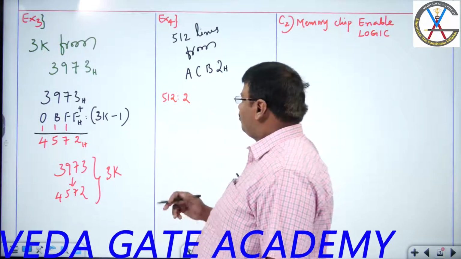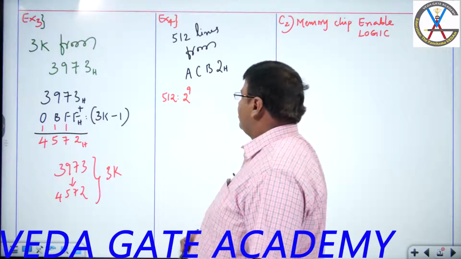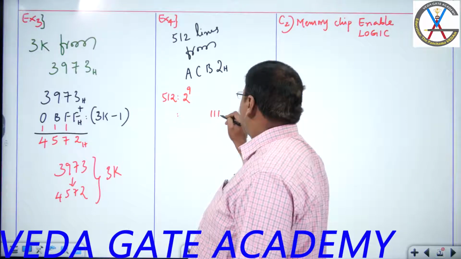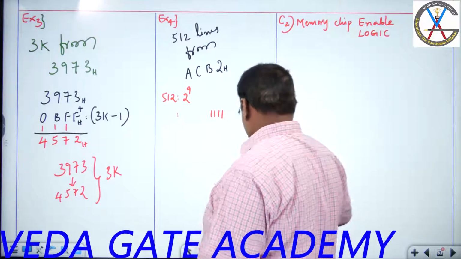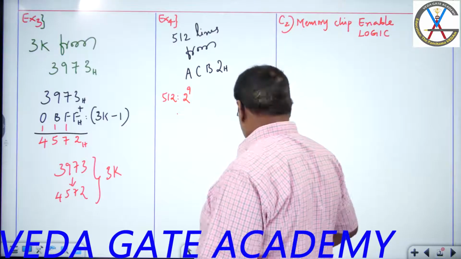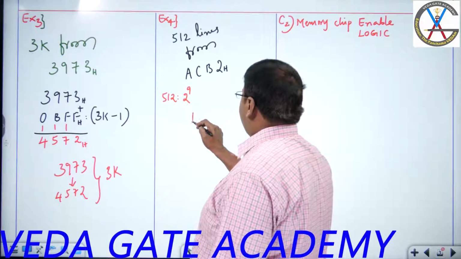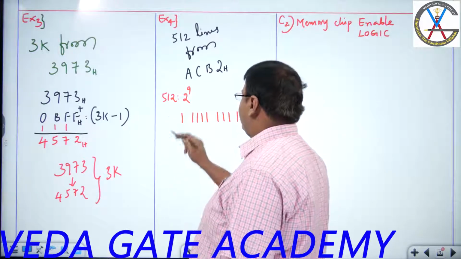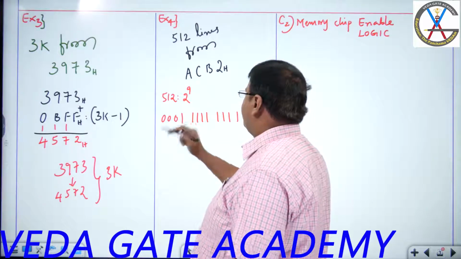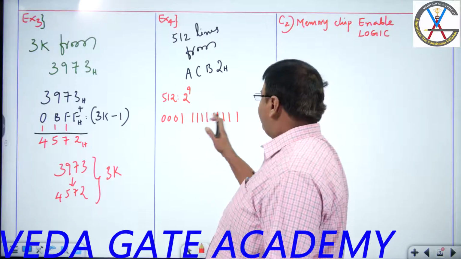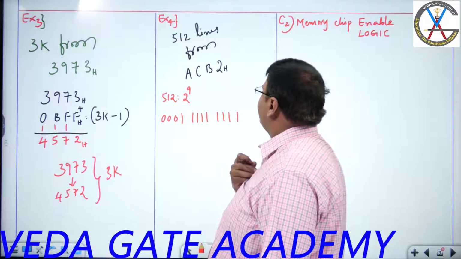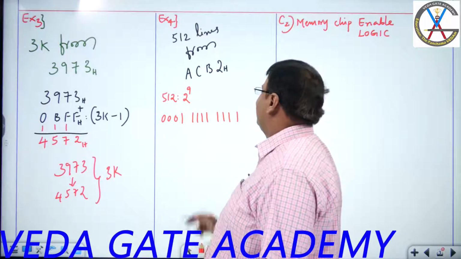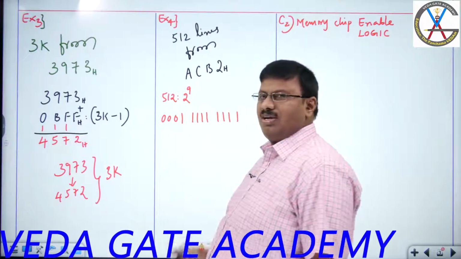So then 2 power 9. So 9 ones, 1, 1, 1, 1, 1, 1, 1, 1, 1. So it is 1FF. Correct. So 1FF, if I add, it is 512 lines.